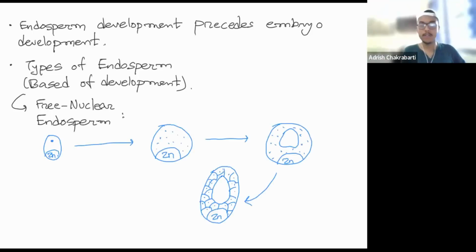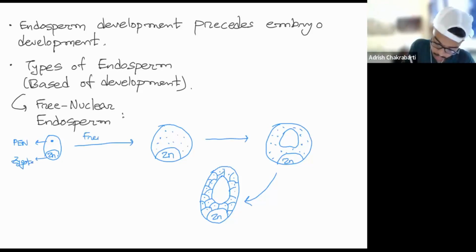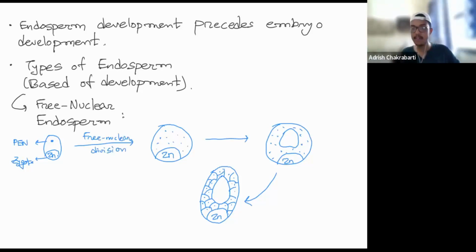Okay. Now I think you will yourself be able to name the processes. First we have the PEN, primary endosperm nucleus. This is the zygote. In the next step, we are observing free nuclear division. The number of primary endosperm nuclei is increasing, but it is not followed by cytokinesis.